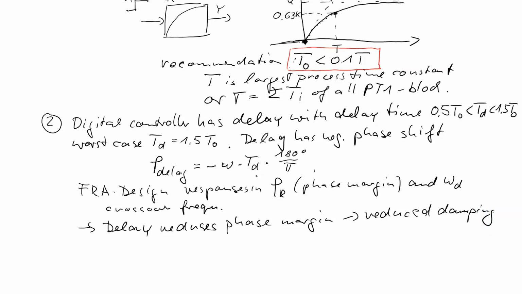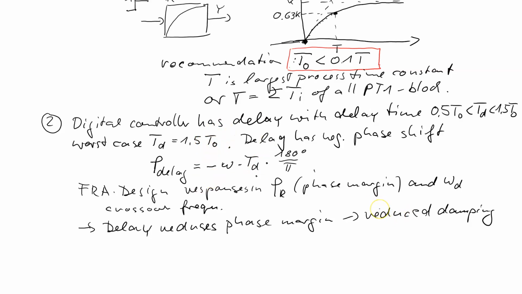And you see now a relation between the reduced damping and your sampling time. The damping depends on the phase margin. The phase margin depends on the delay time phase. And the delay time relates to the delay of our digital system, and this is proportional to your sampling time.